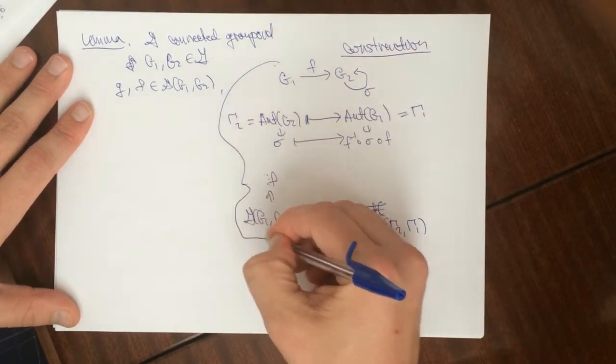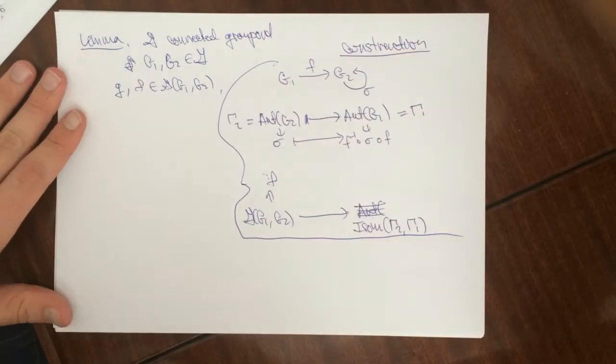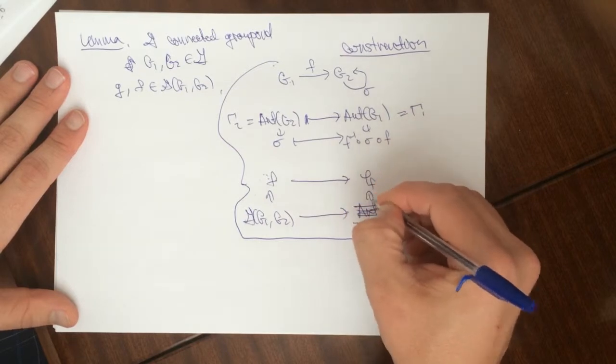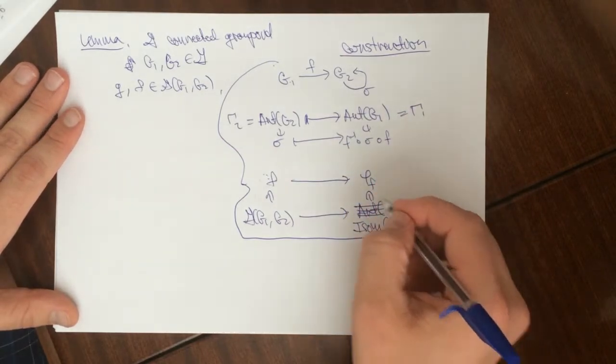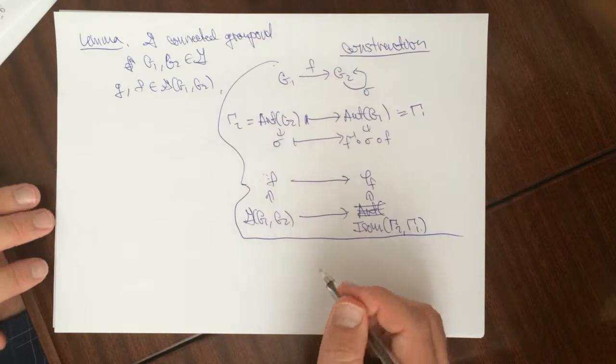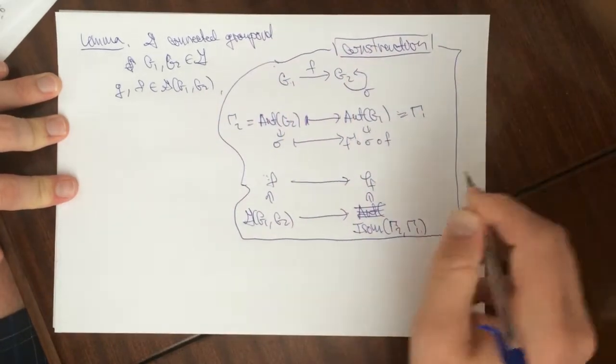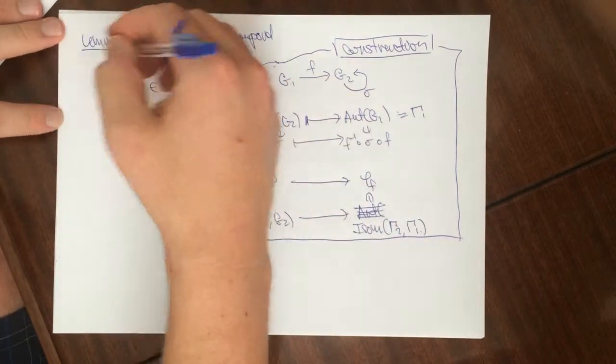So there's a construction, maybe we can call this phi of f. This is the automorphisms of here to the automorphisms of here. So we have this construction that I want to talk about. Now I'm going to talk about the lemma.